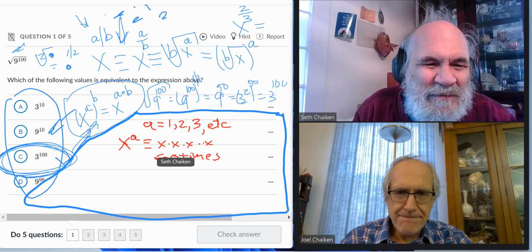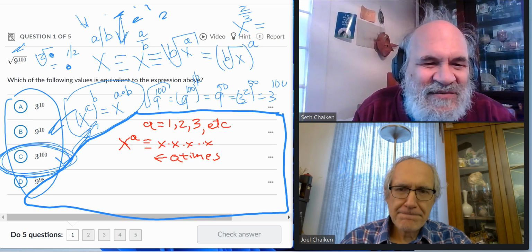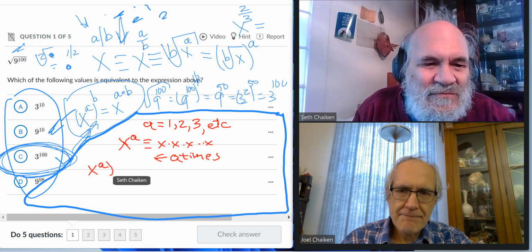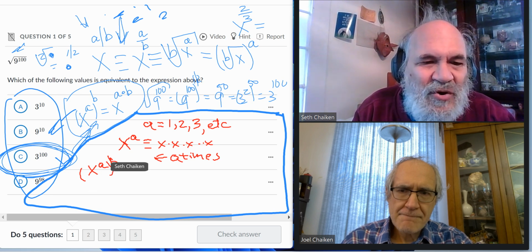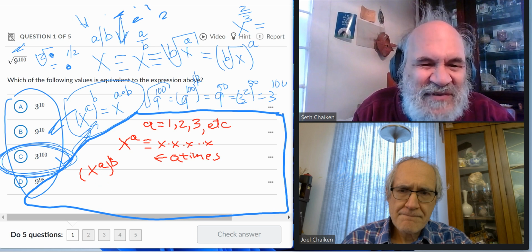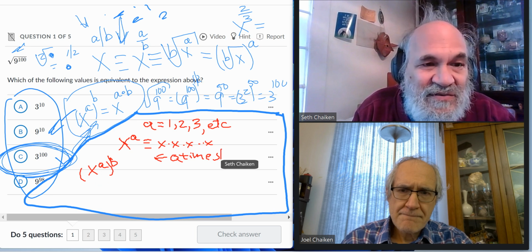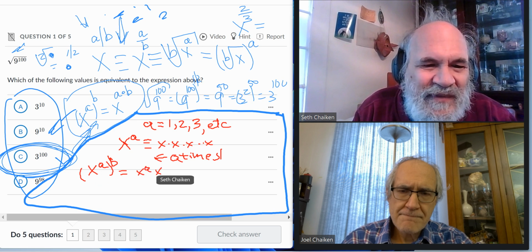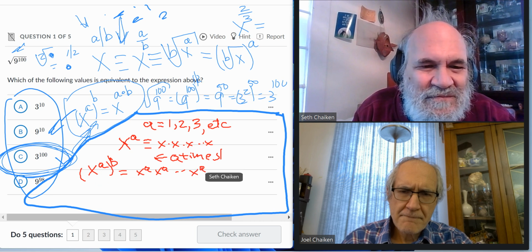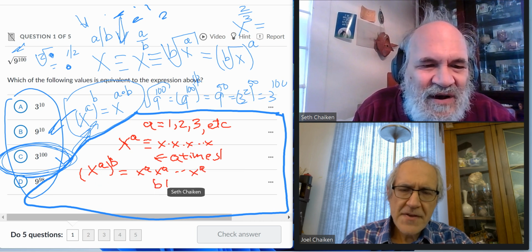And therefore, x to the a raised to the bth power, from this definition, is multiplying x to the a b times. Very nice. Right?